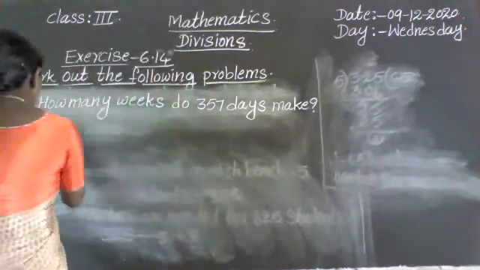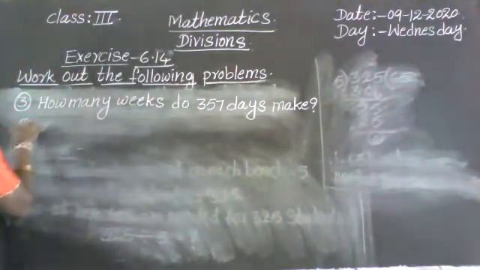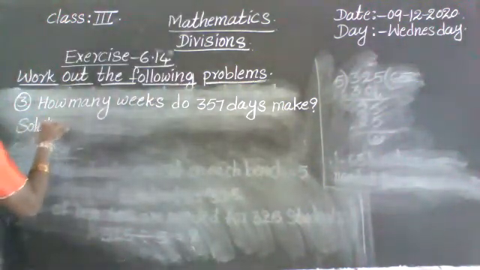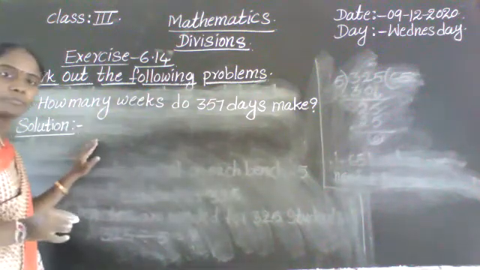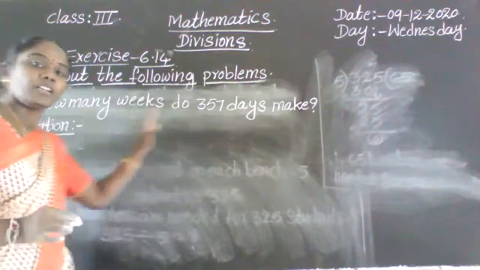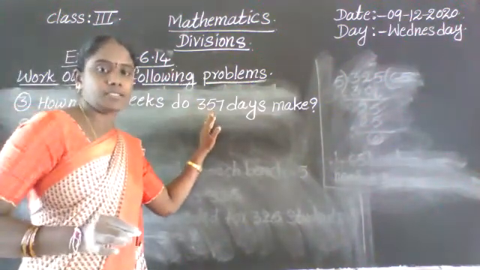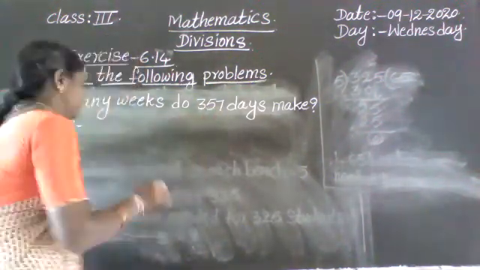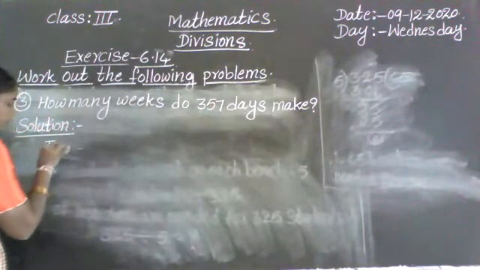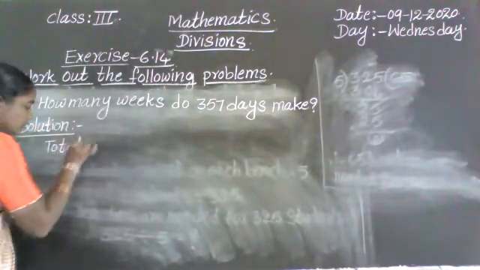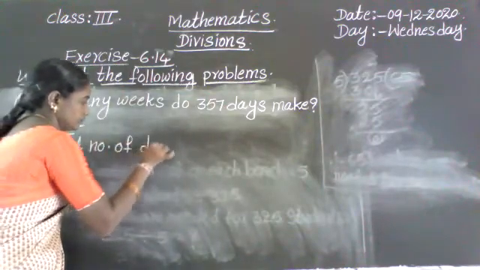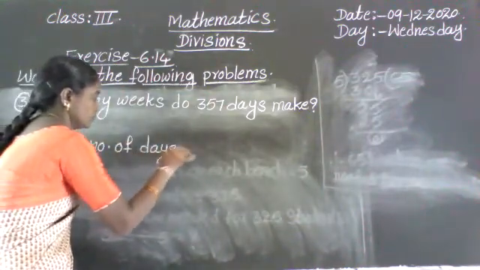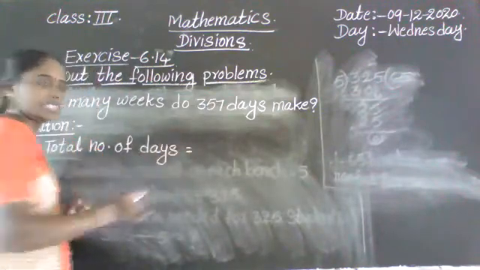Okay. First, write the step. What is the first step? Total number of days, 357.